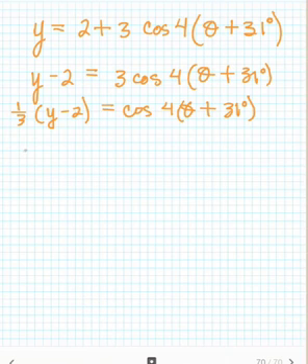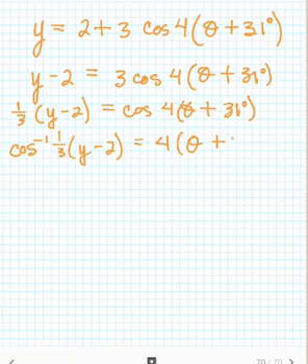So the inverse cosine, and I'm going to take the little c one. That means I have to look at the infinite number of possibilities in the solutions, because this is a wave and I'm going to get the same answer over and over again. So I take the cosine inverse of 1/3 (y minus 2) equals the cosine inverse of the cosine of 4 times theta plus 31 degrees.